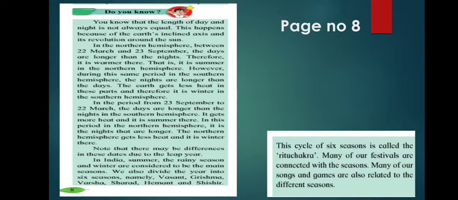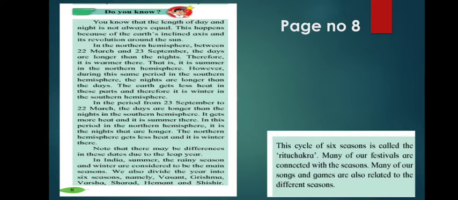Now from 23rd September to 22nd March, now the southern hemisphere has long days. Now the days are longer than night in the southern hemisphere. So now the southern hemisphere gets summer and the opposite in the northern hemisphere.